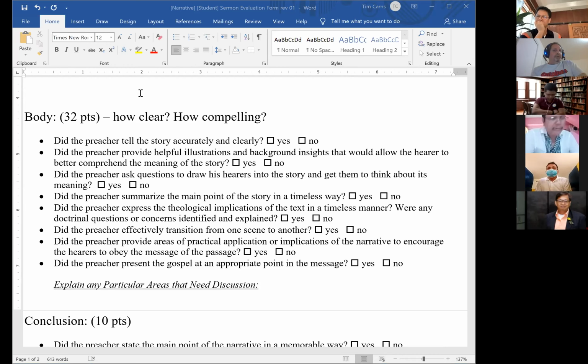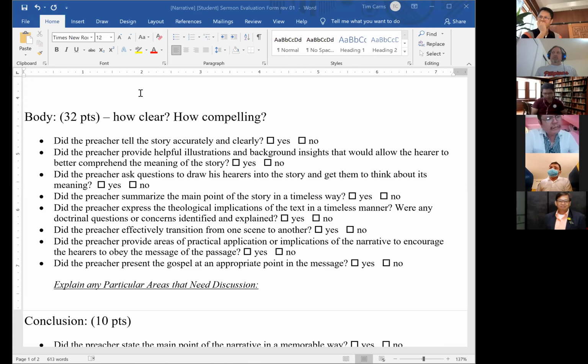It's a little different with narratives. Again, with narratives, you're going to be following the scenes of the story, and you're going to be telling the story. Okay, so you don't need to have a point, proof, picture, plan, problem for each scene.